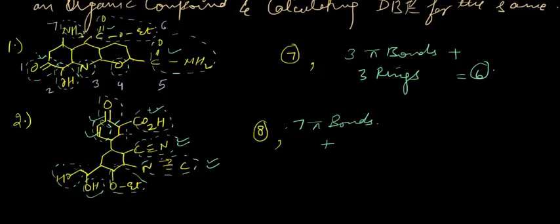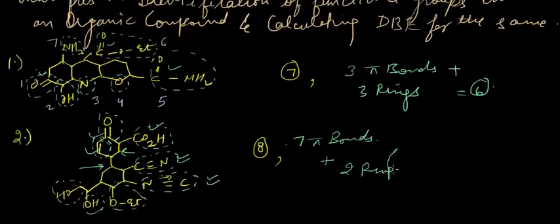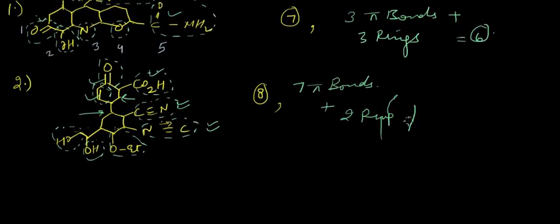Plus how many rings are there? First ring and second ring, 2 rings. So what is the DBE? 2 rings, so total DBE is 9.